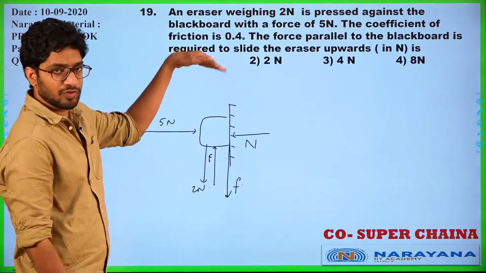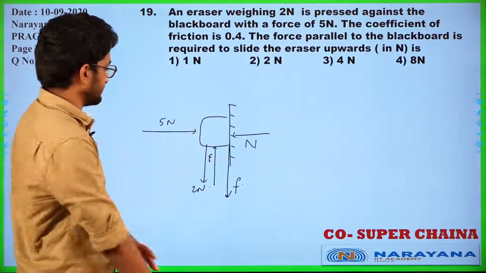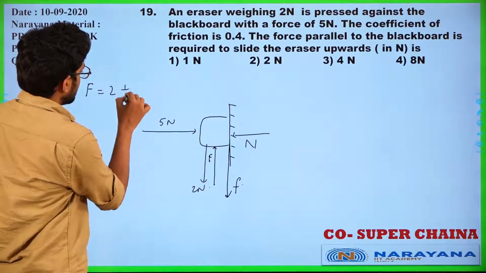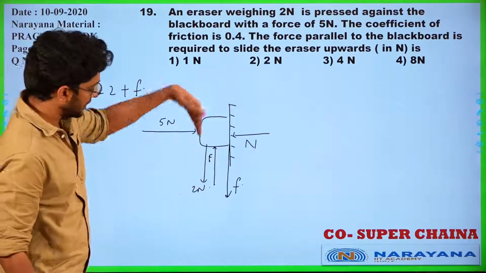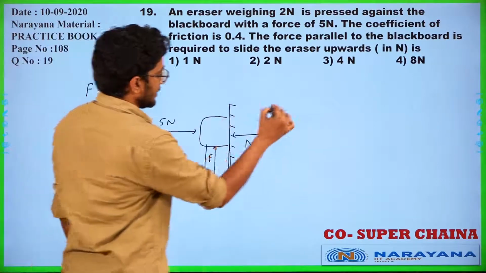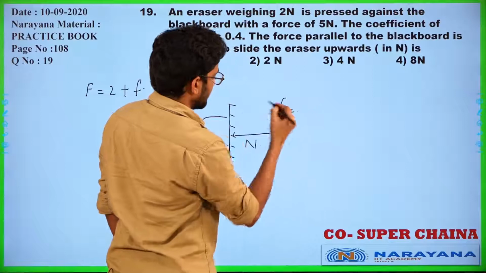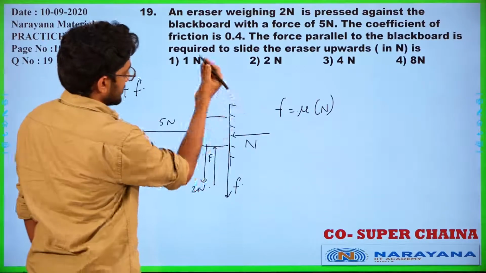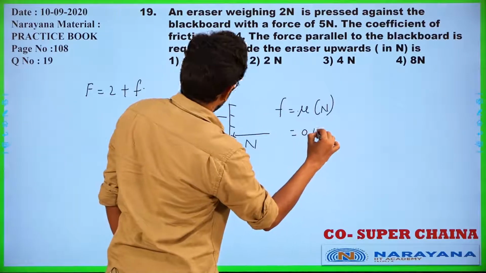So when it is trying to move upwards, obviously friction acts in downward direction. Right? So again I say applied force is 2 plus F. The applied force should overcome the gravity force and also the friction force. So I need friction again. So friction maximum is mu into n again. Mu here is given as 0.4 and normal is 5 newtons.